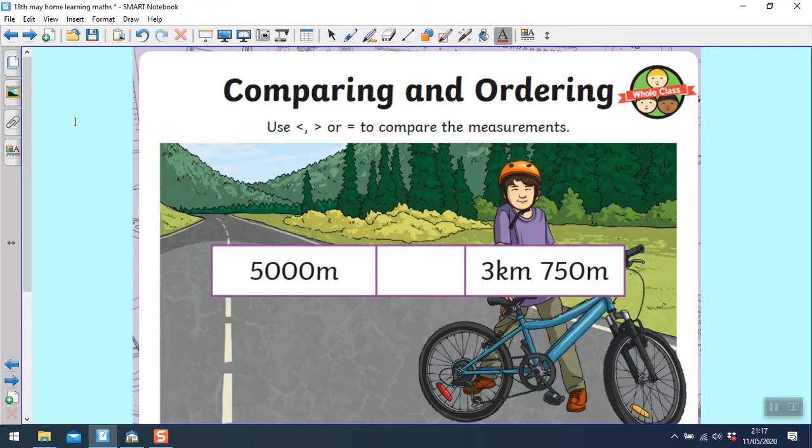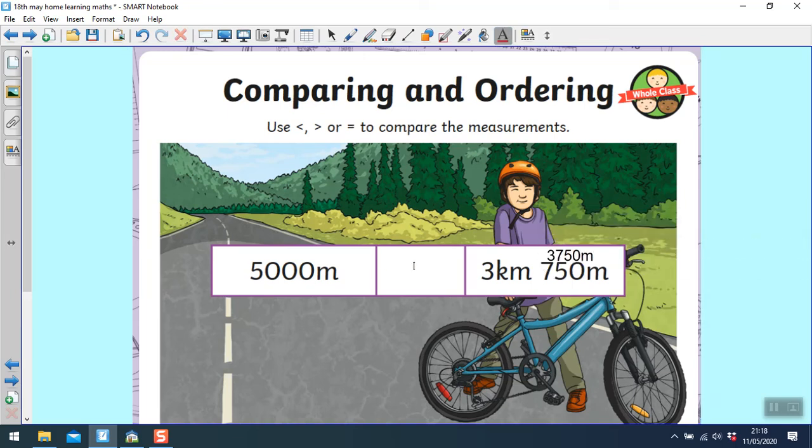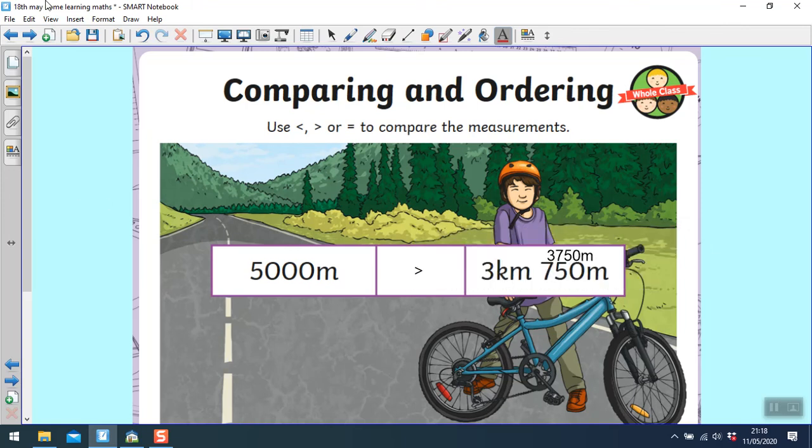Now you have a go. Write down which symbol you need. It'll also be helpful to turn this one into metres. So 3 kilometres represents 3,000 plus your 750 is 3,750. So 5,000 is the bigger number. It's going to go that way.